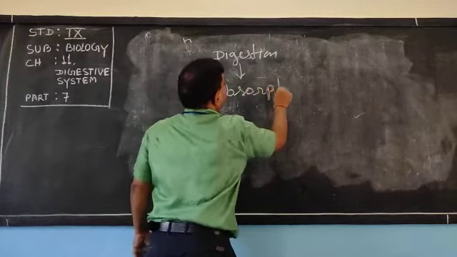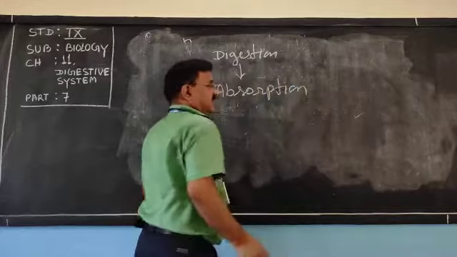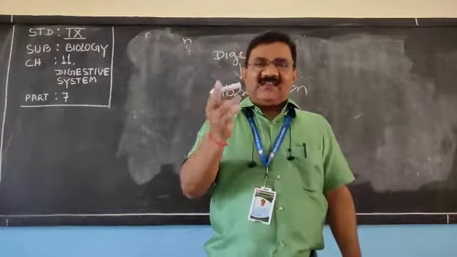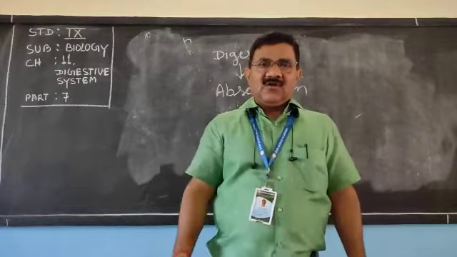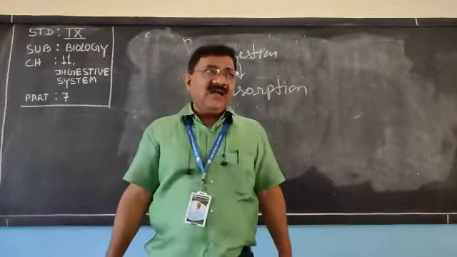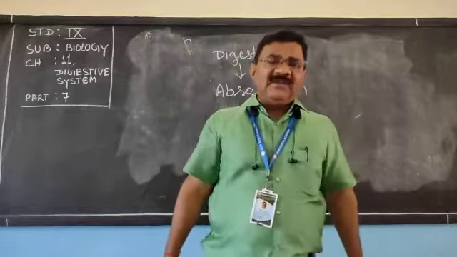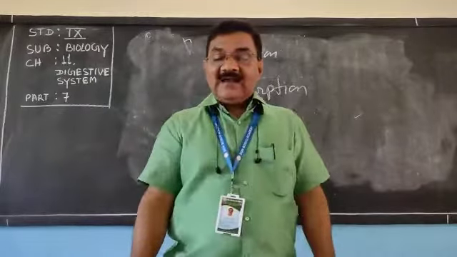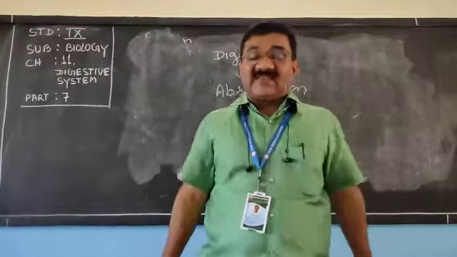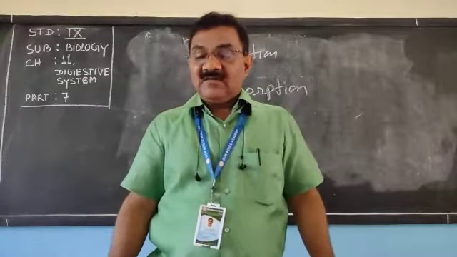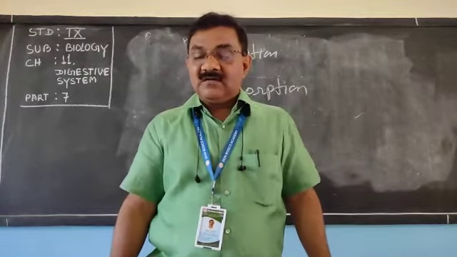Those digested foods, whether glucose or galactose, fatty acid or glycerol, or amino acid, must be absorbed by our body. We have discussed the intestinal villi, and intestinal villi increase the surface area for absorption.